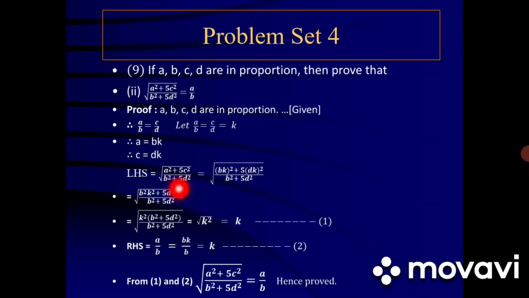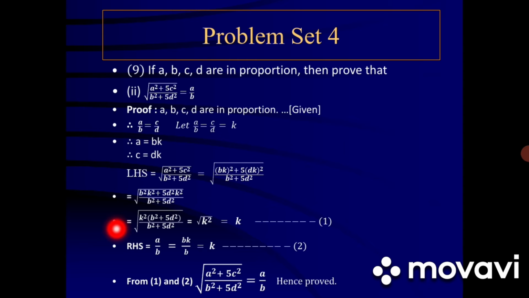Substituting the value of A and C, we get square root of BK the whole square plus 5 into DK the whole square upon B square plus 5D square. This is equal to square root of B square K square plus 5D square K square upon B square plus 5D square. This is equal to square root of K square into B square plus 5D square upon B square plus 5D square.